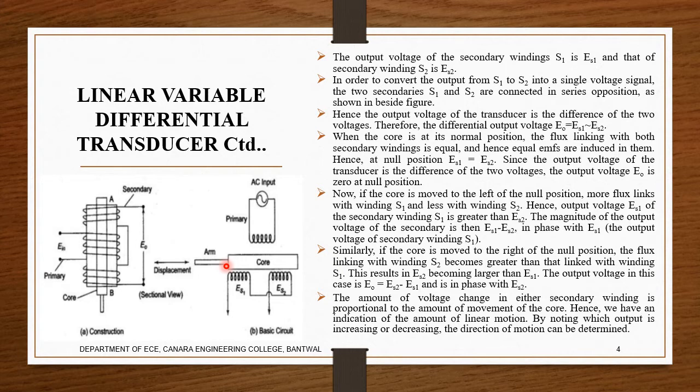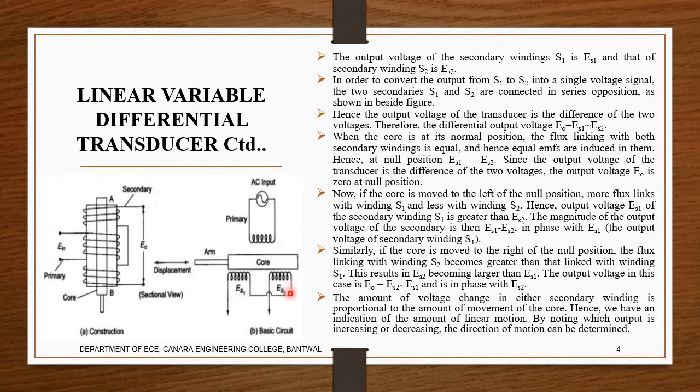More flux links will be in contact with the winding S1 and less with S2. So the ES1 output voltage will be more than the ES2. So ES1 is greater than ES2.